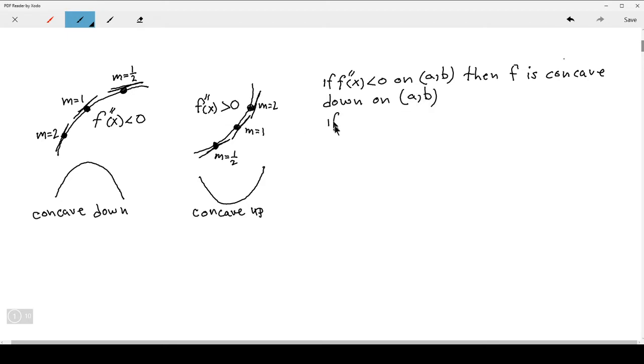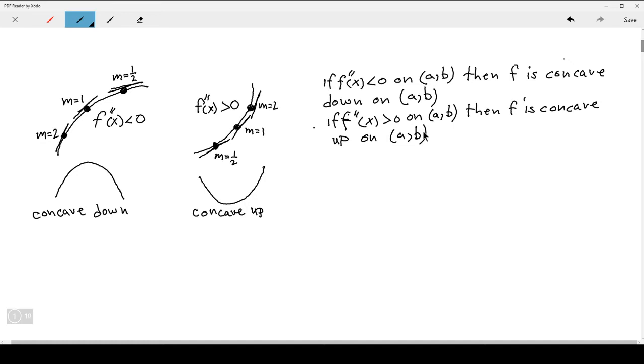And if f double prime of x is greater than 0 on the open interval from a to b, then f is concave up on the open interval from a to b. All right, so we get similar definitions to increasing and decreasing, but now describing concavity.